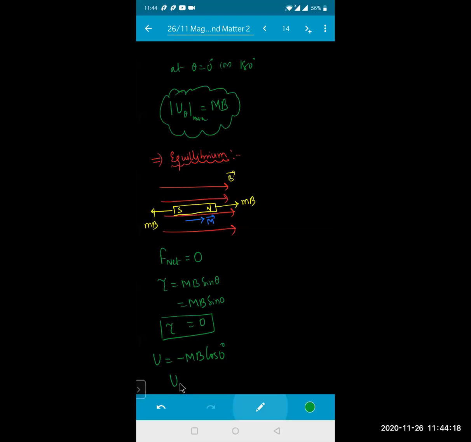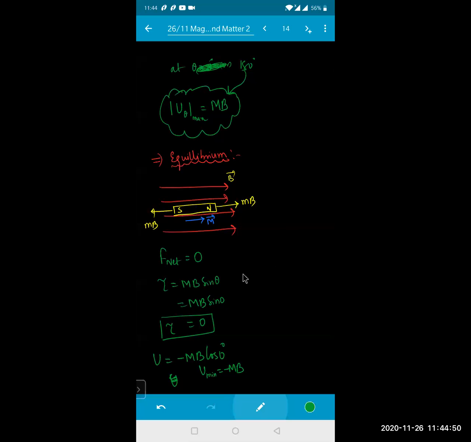So U will be the minimum, that is equal to minus mB. Sir, U becomes maximum? It is negative, no? Torque is minimum at 0, and if theta is 180 it becomes maximum. At 0 it is minimum. Write 180 degrees also: theta is equal to 180 degrees. Okay?